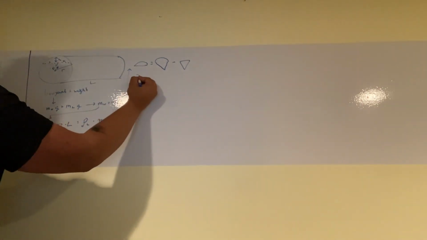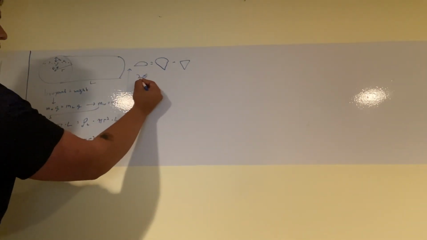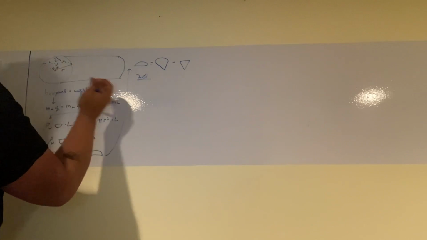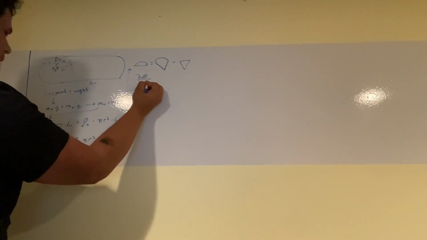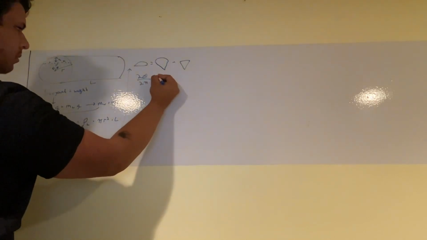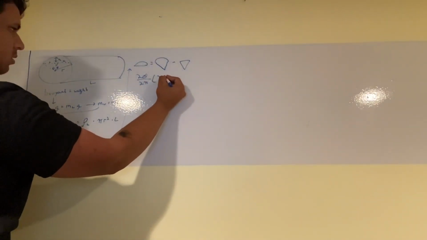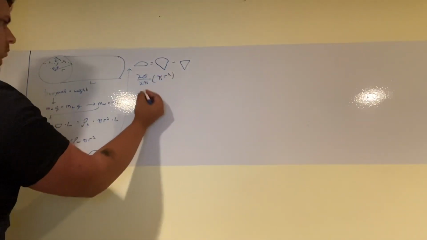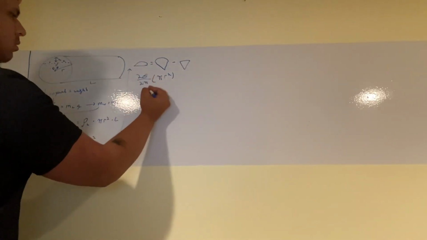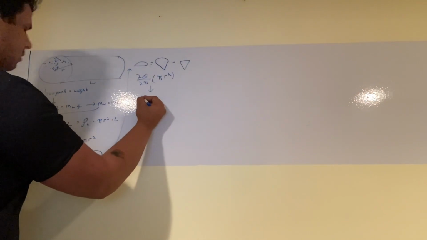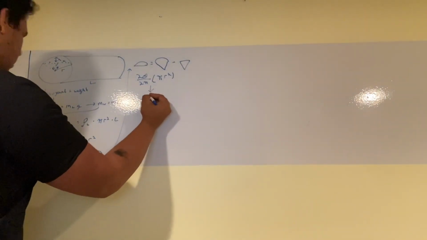So we know that 2 pi, since we're trying to solve for both, is equal to 2 pi times pi r squared. The pi's just cancel out, the 2's also cancel out, so this leaves us with theta r squared.